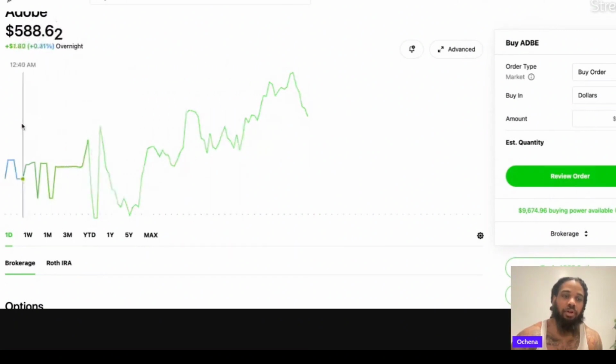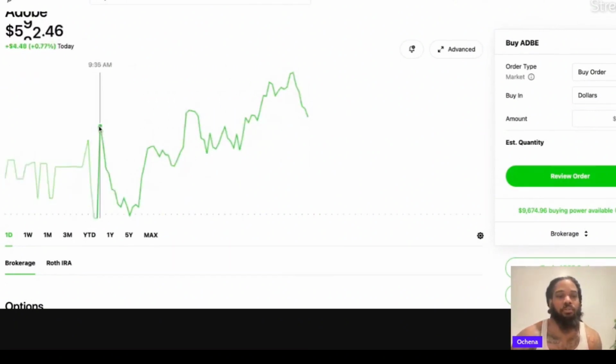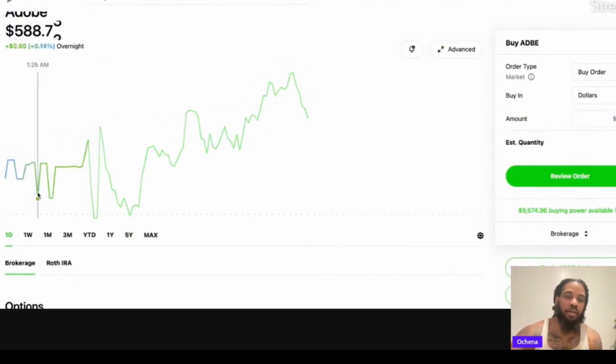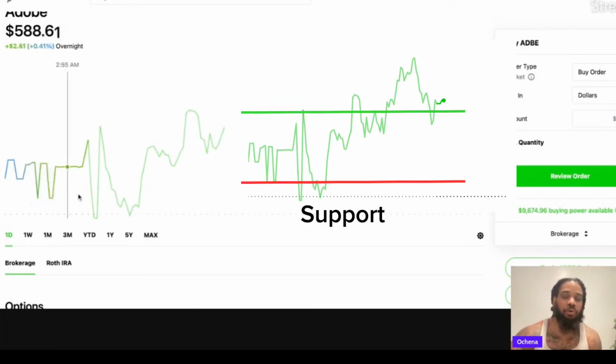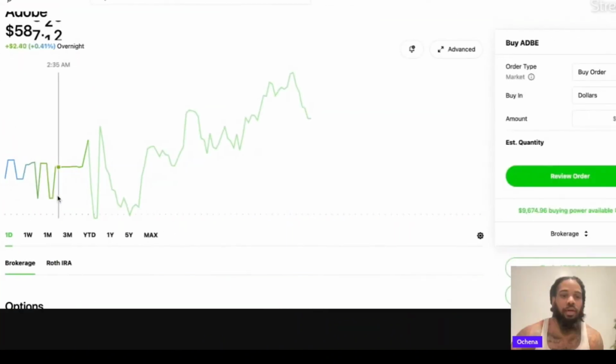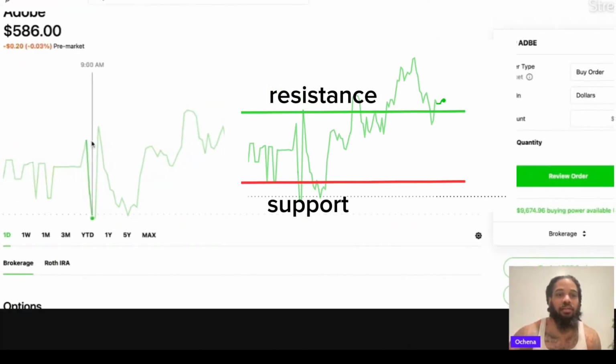That's going to be our resistance line. What that means is the stock is not really going to pass that line in that particular time. And then for our support line, we're going to find a lower part of the stock. So for example, say here, we're going to draw a support line down here. We want to have a support line and a resistance line.